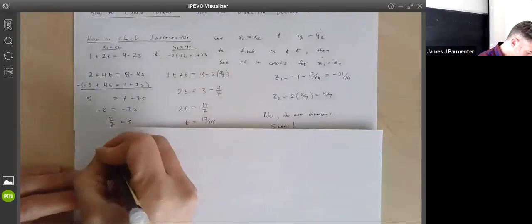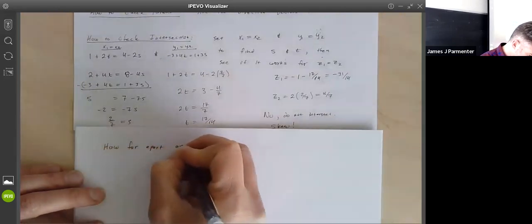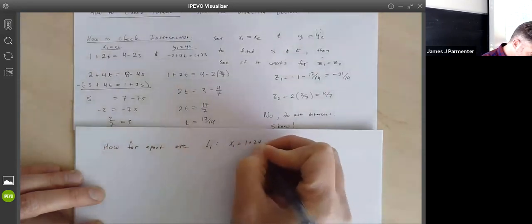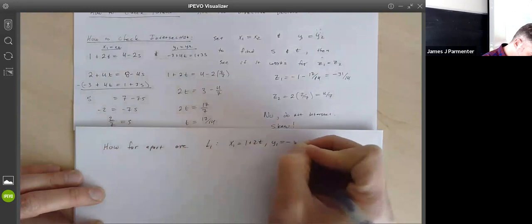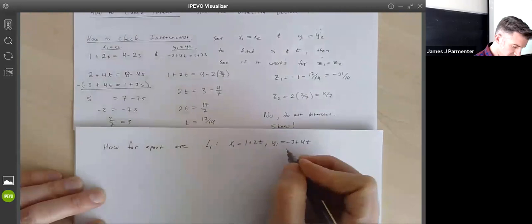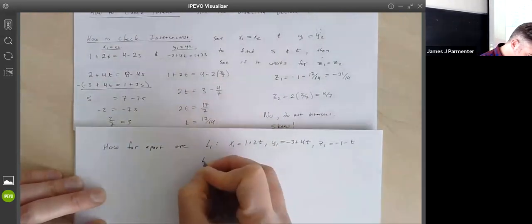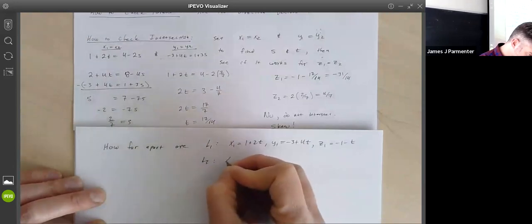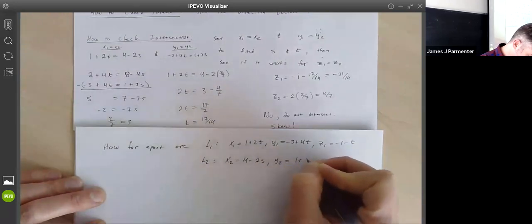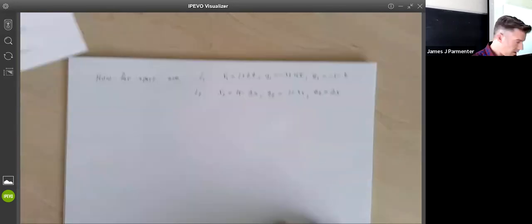So how far apart are L1, given by x1 equal to 1 plus 2t, y1 equal to -3 plus 4t, z1 equal to -1 minus t, and L2, given by x2 equal to 4 minus 2s, y2 equal to 1 plus 3s, and z2 equal to 2s? Well, how far apart are these lines?